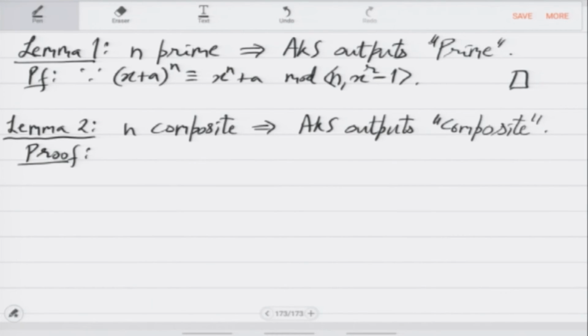So let me state the ideas in advance. The ideas involved are, obviously, you do the Chinese remainder theorem on Z mod n, but also on Z mod p.